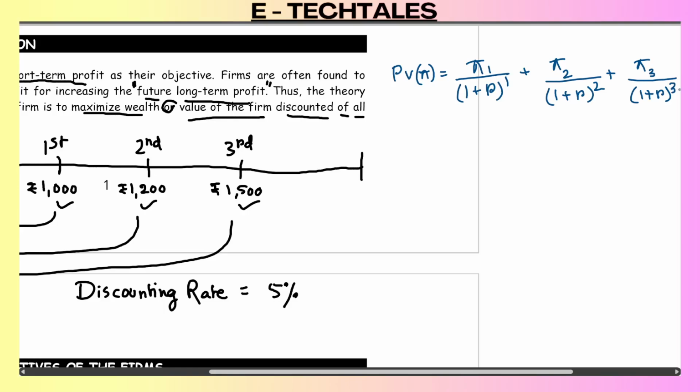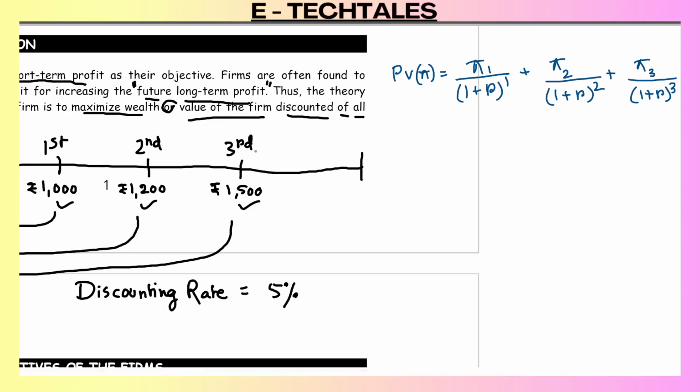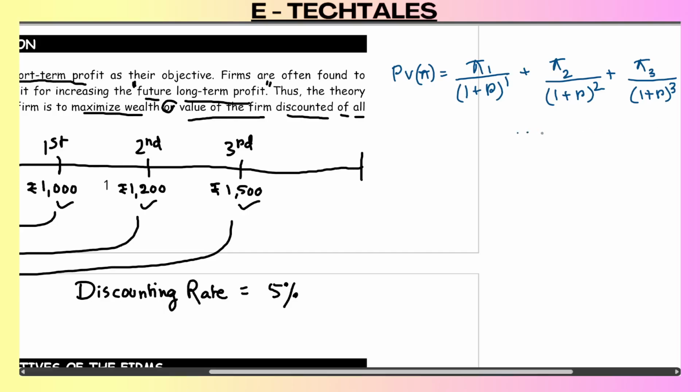Now why have I written it up to 3? Because I want to find out for 3 years only. This can go on till n numbers, so it can be written as pi n divided by 1 plus r to the power n. Okay.